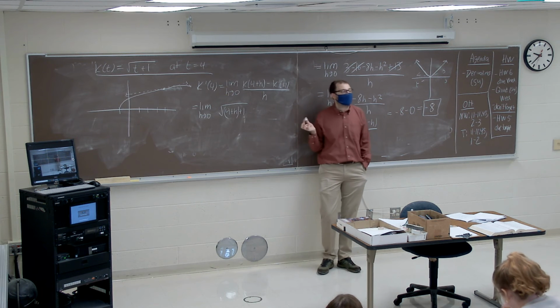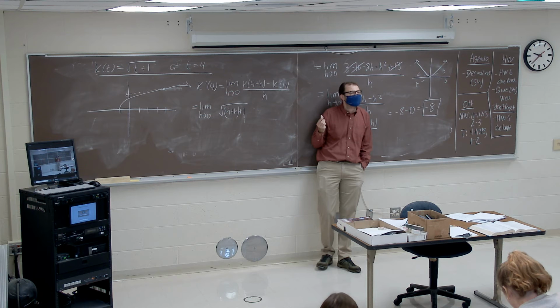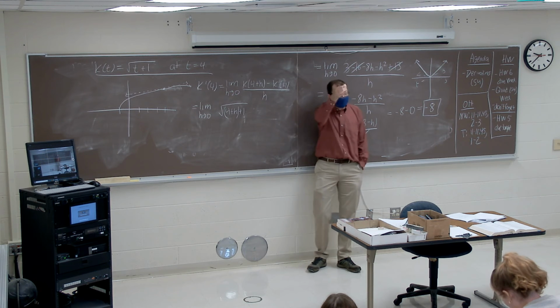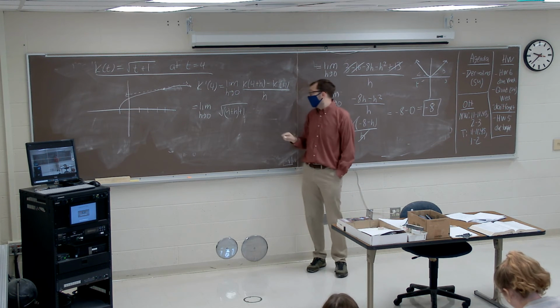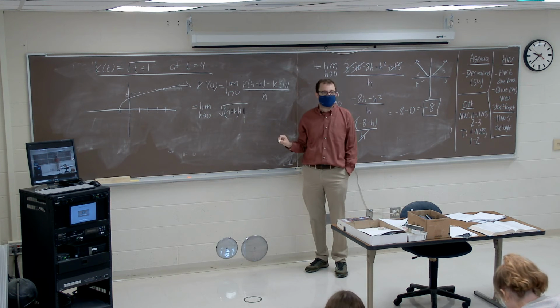How about k of 4? We plugged in 4 into our function k of t. What is the function going to output? Square root of 5. Let's see, 4 plus 1 is 5. Square root of 5 is square root of 5.